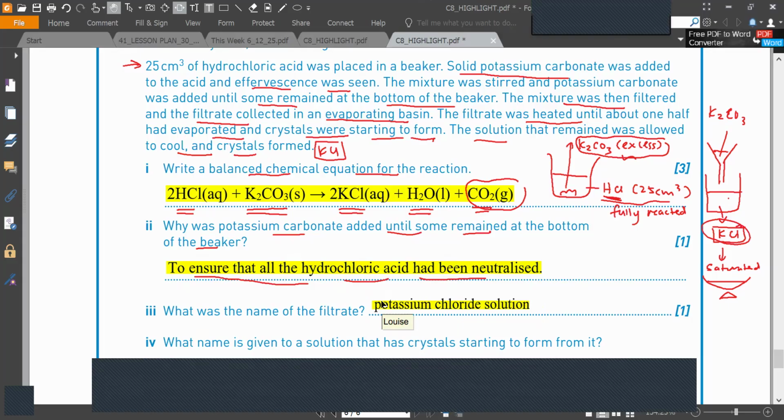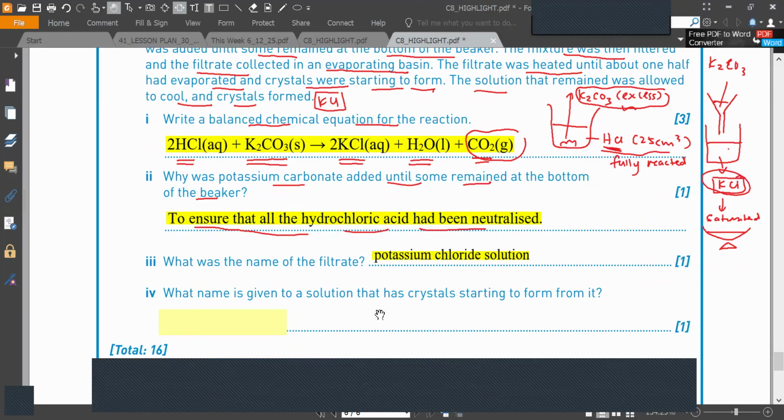Next, what name is given to a solution that has crystals starting to form from it? It is this saturated solution I mentioned just now. If the solution is too dilute, the crystals do not form.